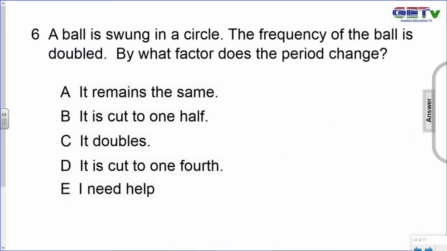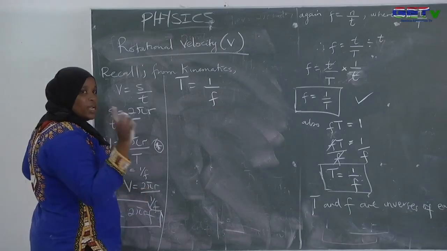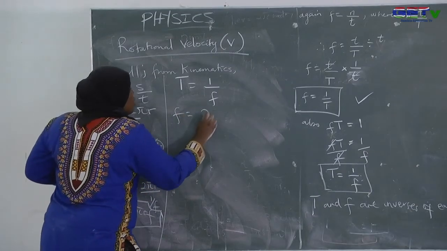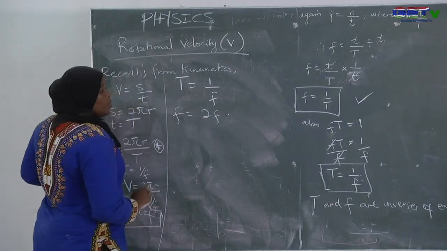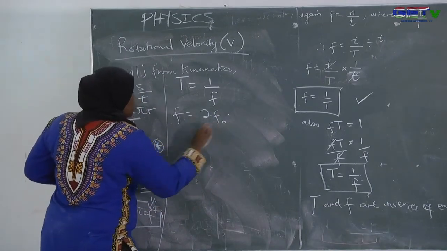Now let's answer this problem and see how it goes. It says a ball is swung in a circle. The frequency of the ball is doubled. By what factor does the period change? Let us write. We know T is 1 over f. That's the general equation. But here we are told that the frequency is 2 times the initial frequency, right?